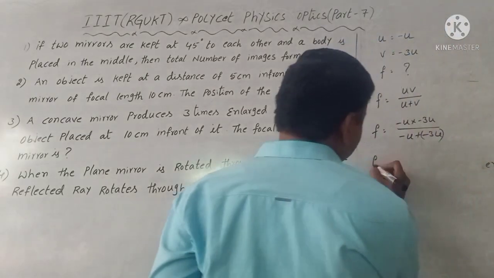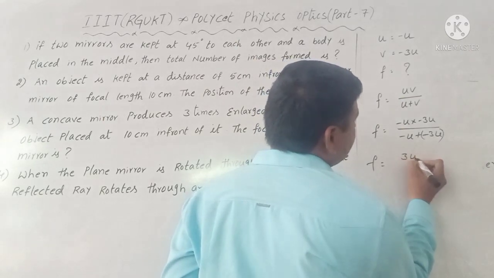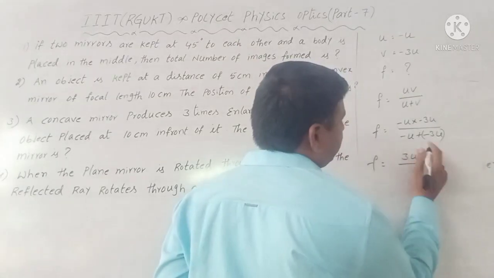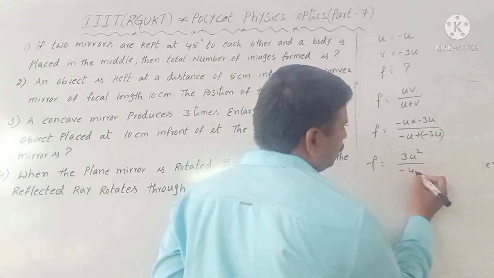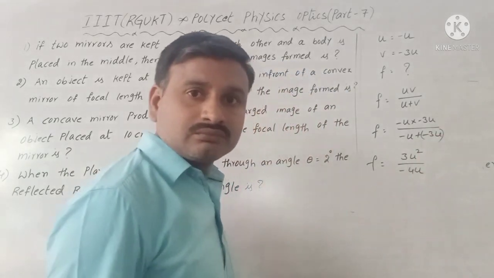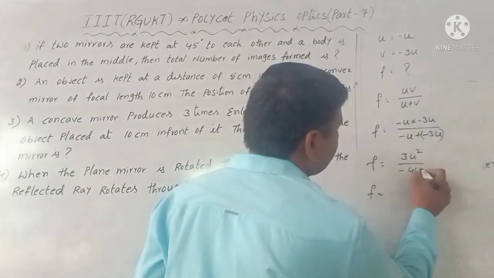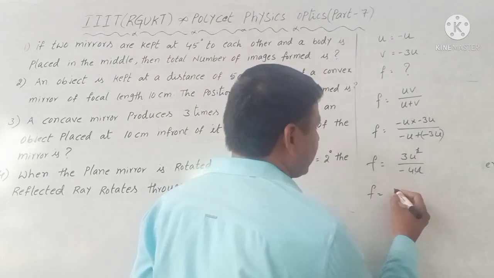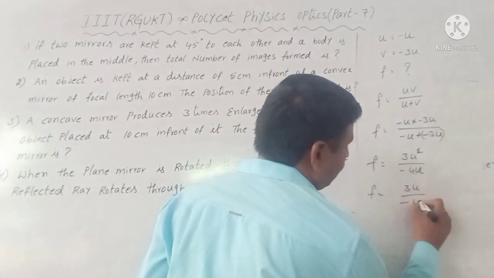That means F is equal to minus into minus is plus, 3U into U, 3U square, by minus U plus minus 3U, which is minus 4U. Okay, so F is equal to 3U square by minus 4U. Numerator and denominator U cancel. F is equal to 3U by minus 4.